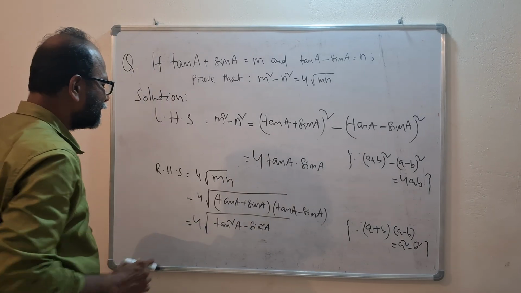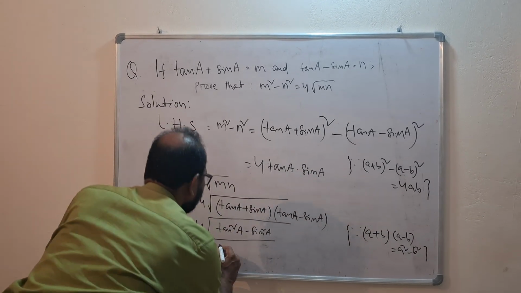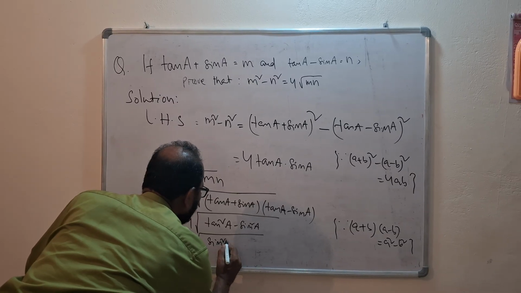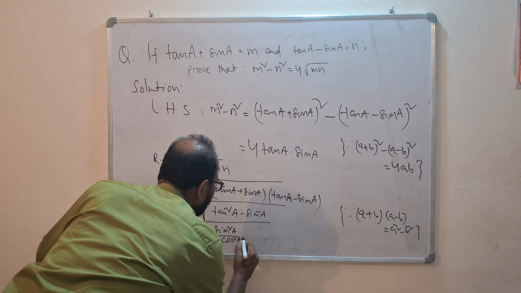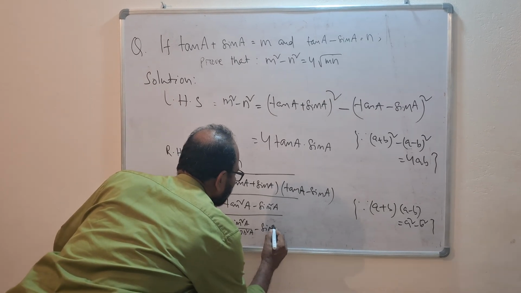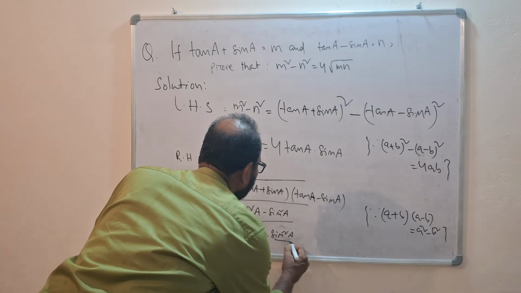Okay, tan square A is sin square A by cos square A, minus sin square A. So you will take sin square A common, writing sin square A by 1 here.